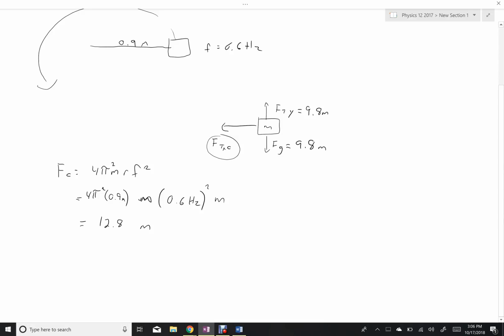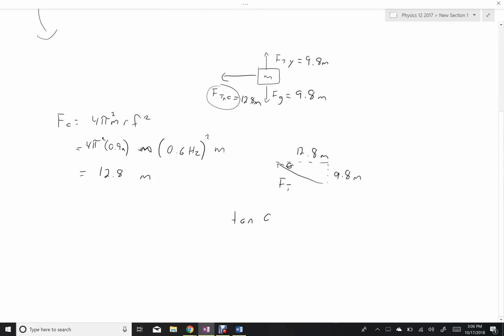I'm just going to hit that again, make sure I didn't screw it up. Yep, good. Okay, so this has to be 12.8 m. Now, if I consider the diagram that shows the combination of those two forces coming together to form the overall force of tension, this is 9.8 m, this is 12.8 m, and if I want the angle the string makes with the horizontal, I'm looking for that angle right there.